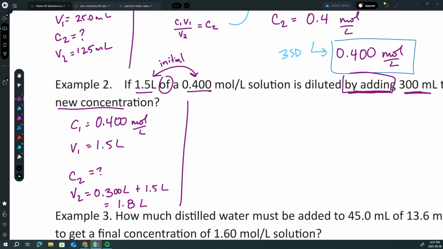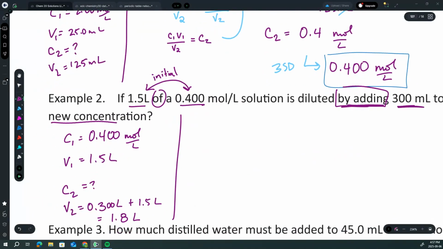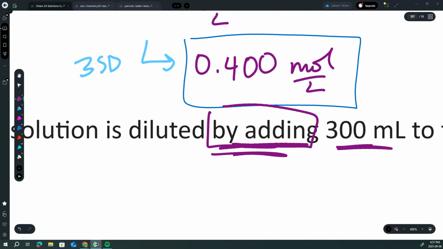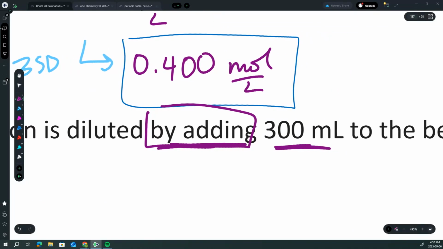Okay, so if you're wondering how do you know to do this, you're going to look for the keywords "by adding." That will tell you that in order to figure out your final volume, you have to add the initial volume to however much water you're adding.